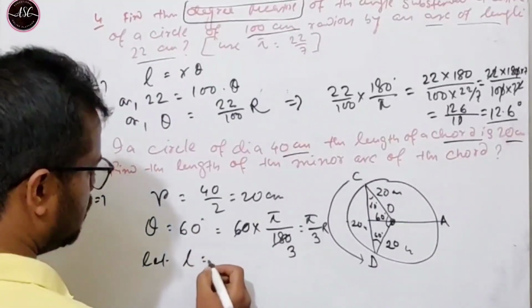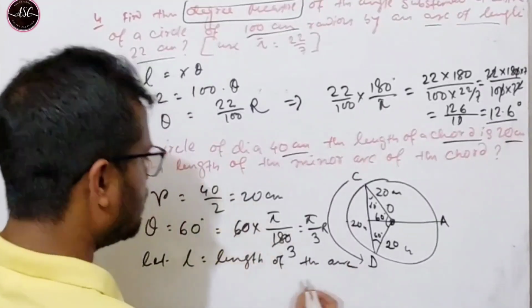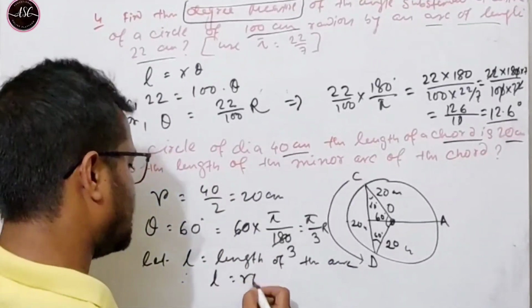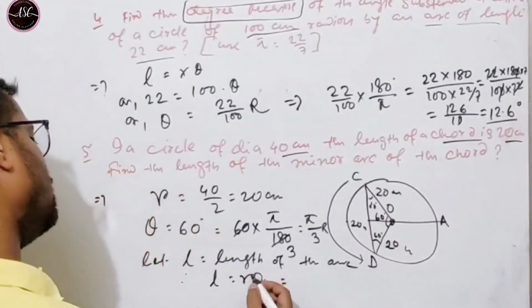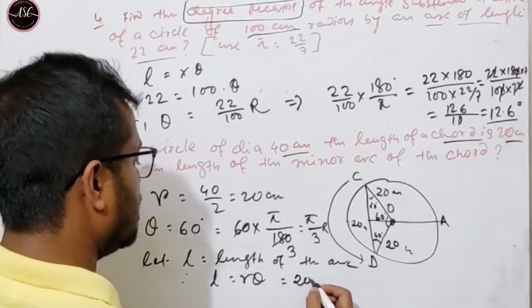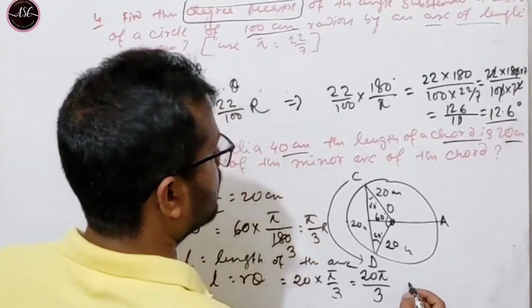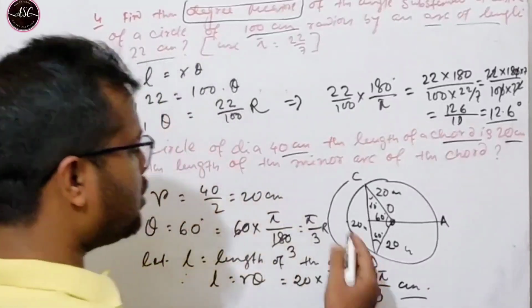Let L equal to length of the arc. So we know L is equal to r theta. By putting the value of theta and r, we get the length of the arc. So r equal to 20 and theta equal to pi by 3. Then 20 pi by 3 cm is the length of the arc.